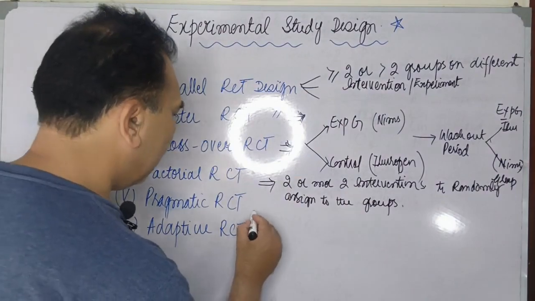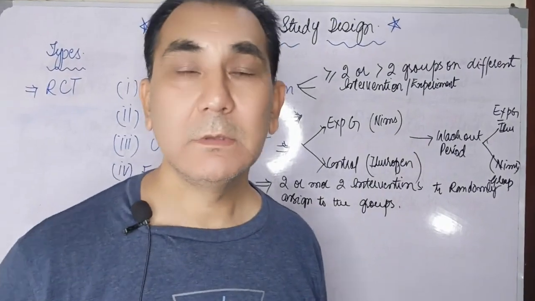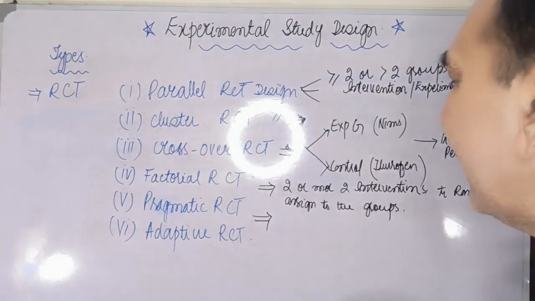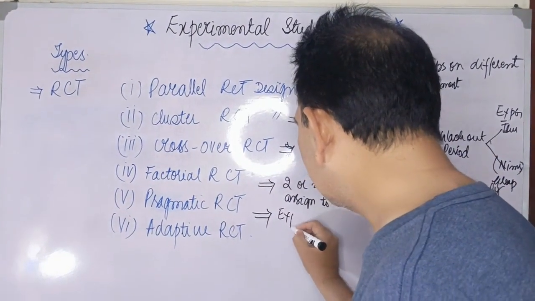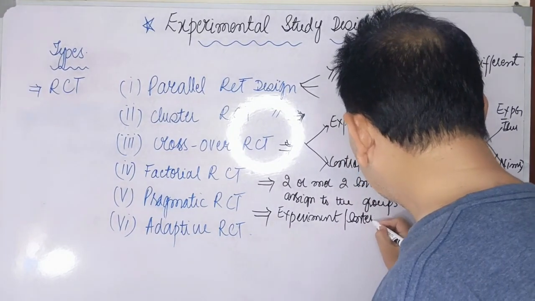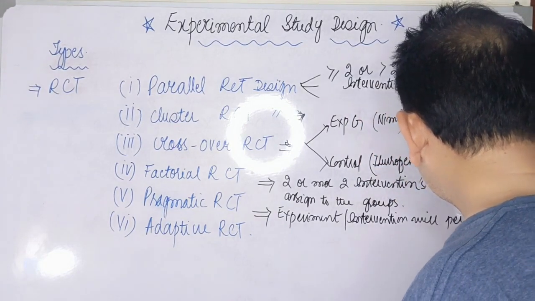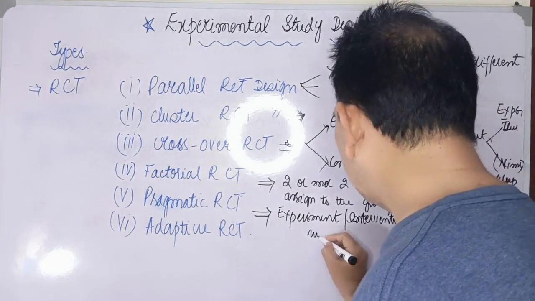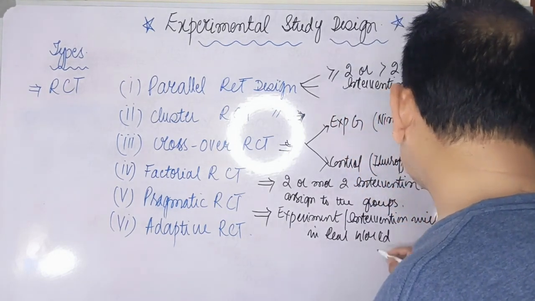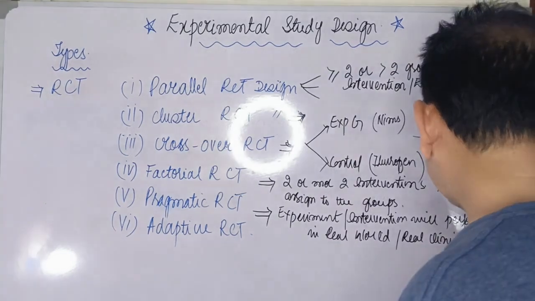Now the fifth type of RCT is called the pragmatic RCT study design. In the pragmatic RCT design, the experiment or intervention will be performed in a real world situation, in real clinical practice.